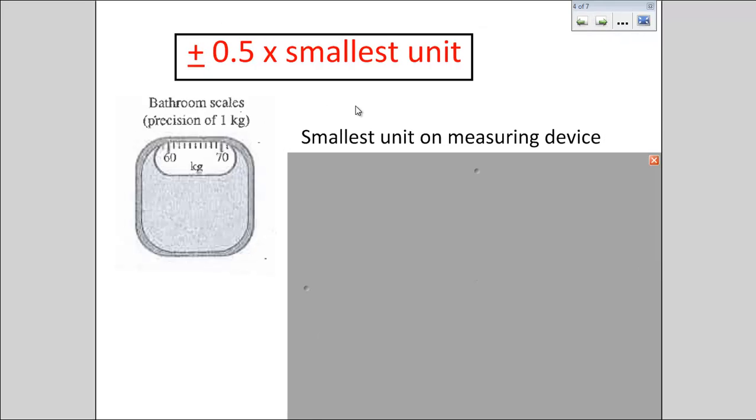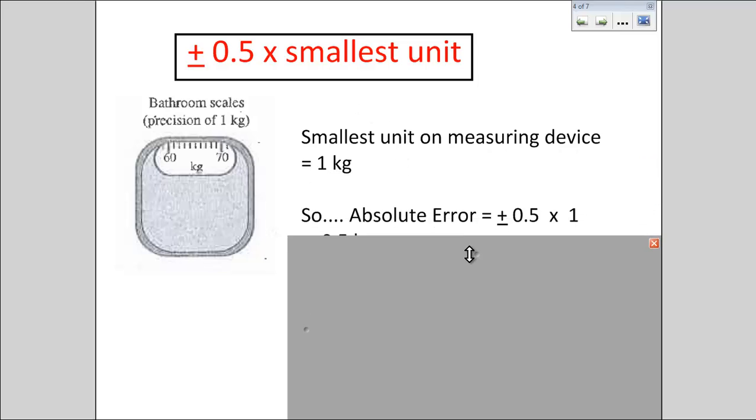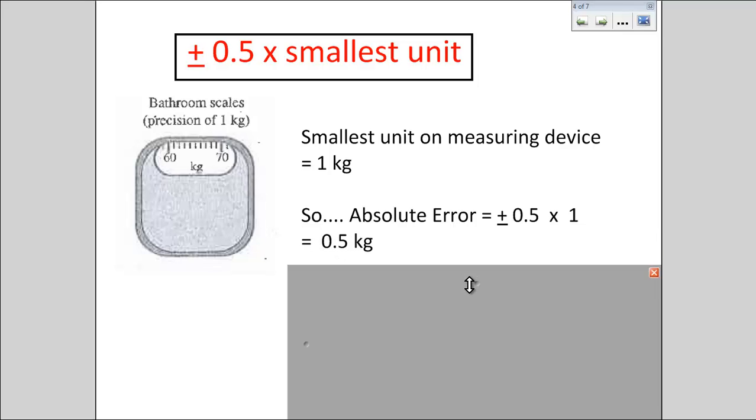Okay, the second example we've got is some bathroom scales. Now, even though we've only got the numbers 60 and 70 written on the scales, the markings that we have between them are what we're interested in. So each one of those markings would represent 1 kilogram, which means that's the smallest unit that we have. So our absolute error is going to be plus or minus half of 1 kilogram, which will work out to be 0.5 of a kilogram.